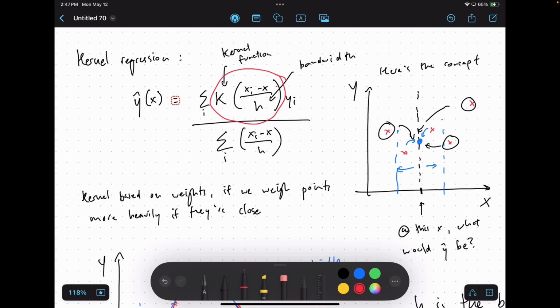But generally, it will have a weight assigned to multiply against your yi that depends on both the kernel function and how far your xi is from each individual x point.